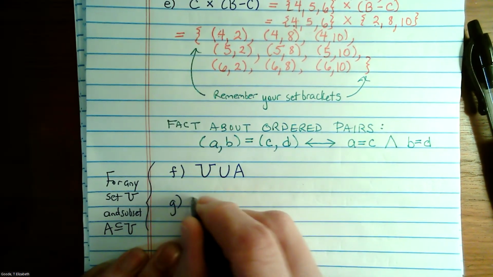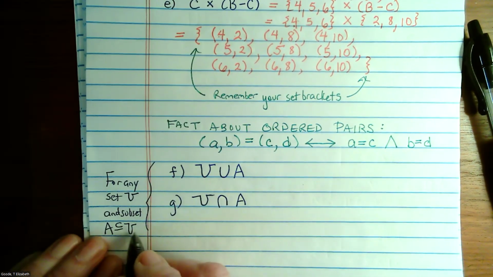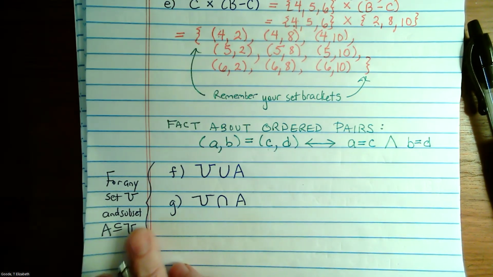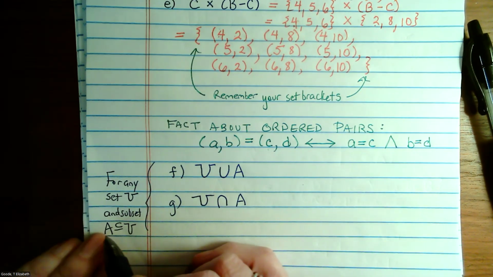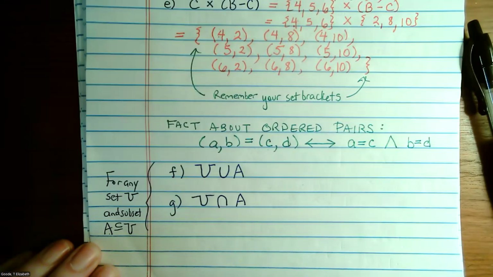And G, what is the universe intersected with A? When A is actually a subset of U. And we will review what subset means here in a minute. But every element of A is an element of the universe. That's what we're thinking about.